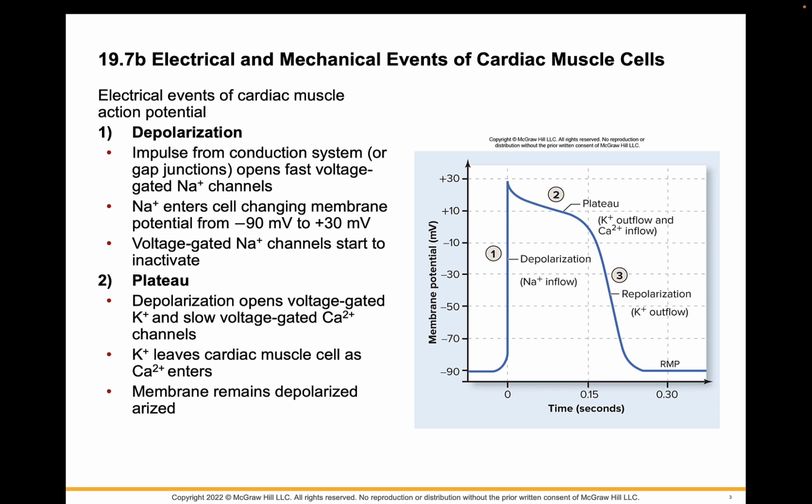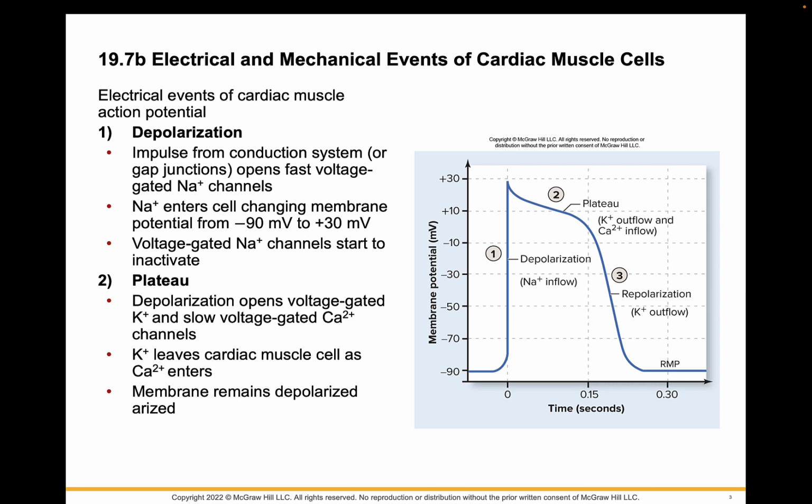Then we have something very different than we saw within the pacing cells. We have what we refer to here as a plateau. Now, if we look at what's happening here, there are actually two voltage-gated channels coming in. We have a potassium channel open and a calcium channel open.